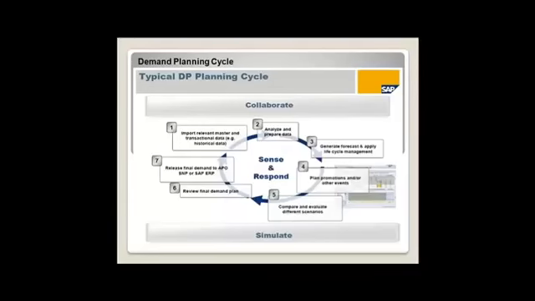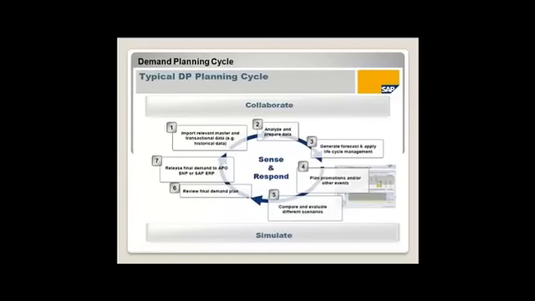In SAP APO demand planning, where is it going to start, where is it going to end, and what are the steps? In interviews, normally the first question they will ask you is, okay, your client's demand planning process, where does it start, where does it end? What is your client's demand planning cycle or business process? So we need to answer with the help of this slide.